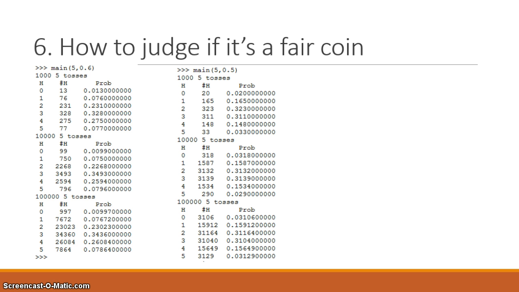I mean the probability of 1H and 4H is similar, and the probability of 2H and 3H is approximate. So I can see it's a rule, and it's like symmetry.